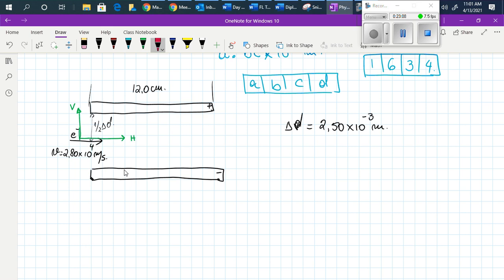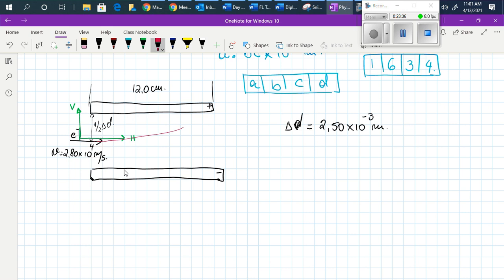Now the question here is stating that the electron barely passes the plate. So the path that the electron will take as it is entering between those parallel plates will be going up, because the electron is negatively charged, and its natural flow will be to go toward the positive one.